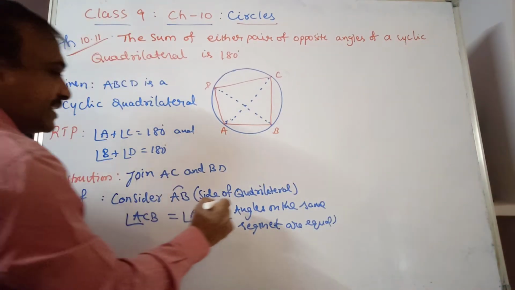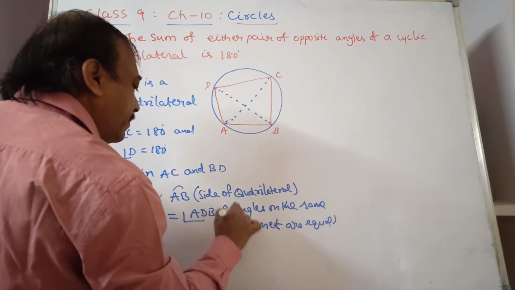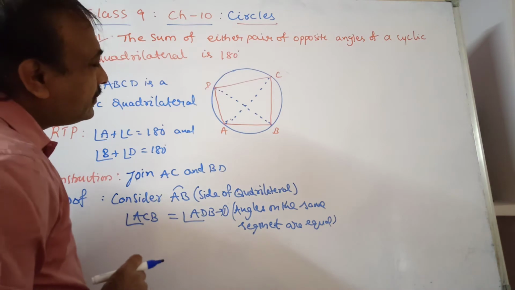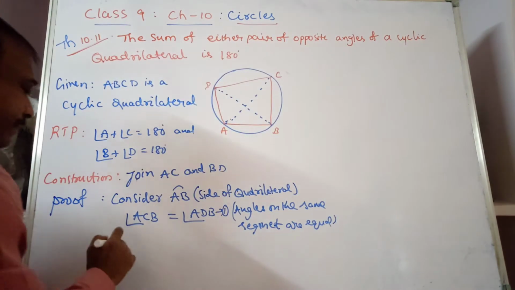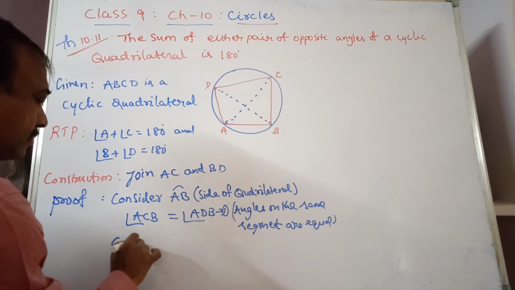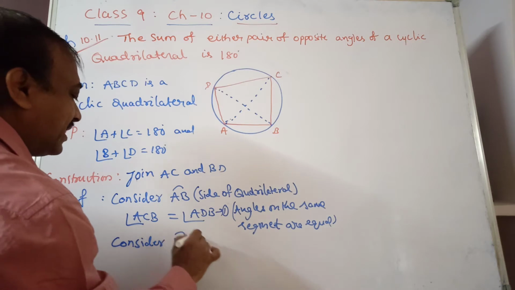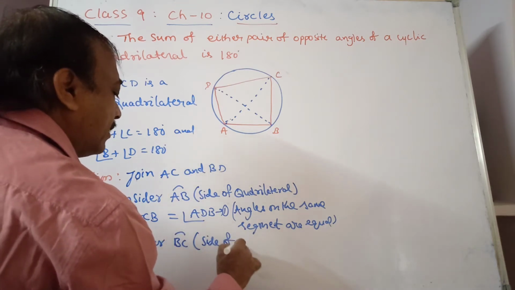We are taking this as equation 1. Next, similarly, consider the arc BC, which is nothing but a side of the quadrilateral.